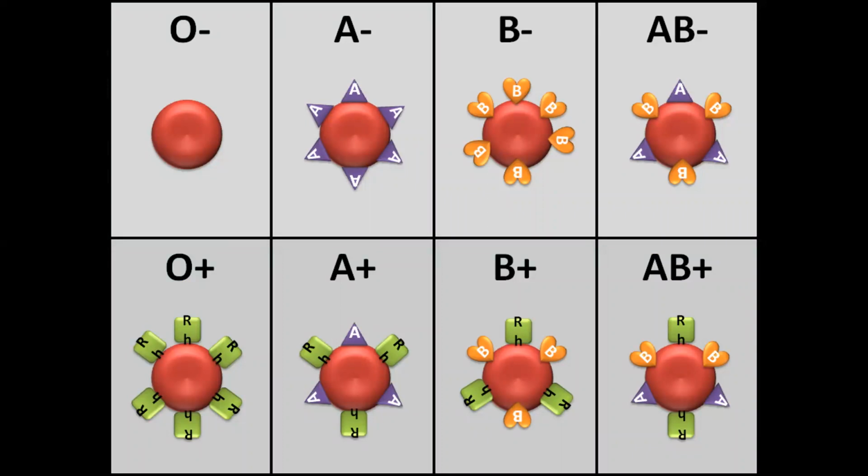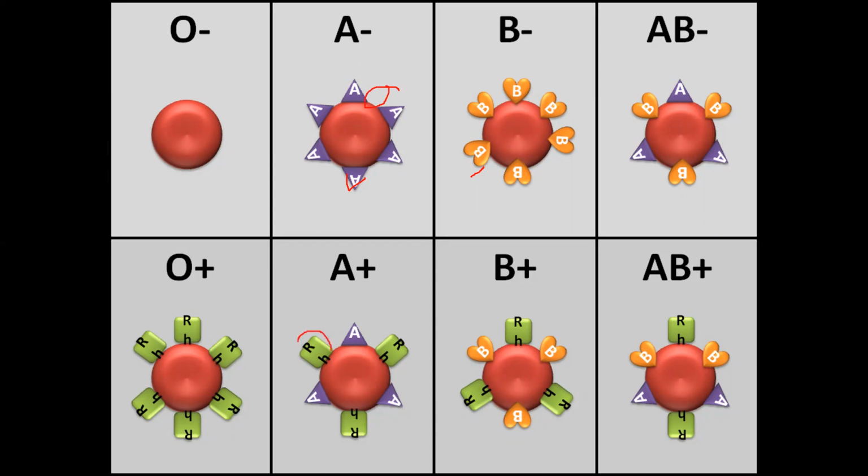Right, here's just another way to look at it. Think about what your blood type is, and when you look at your blood type, you can see that you have these antigens sticking off your cell. If you do not have the Rh factor, you do not see the additional antigens.